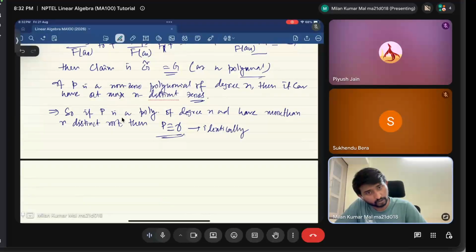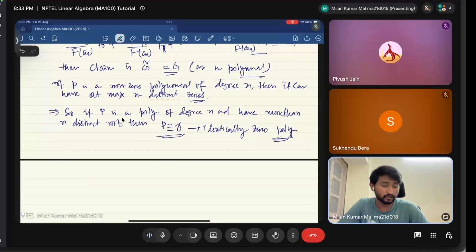That means all the coefficients will also be 0, an identically 0 polynomial, sending every element to 0.